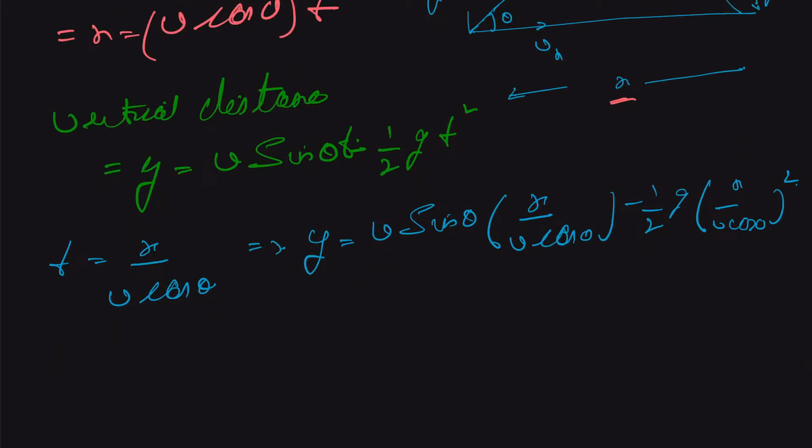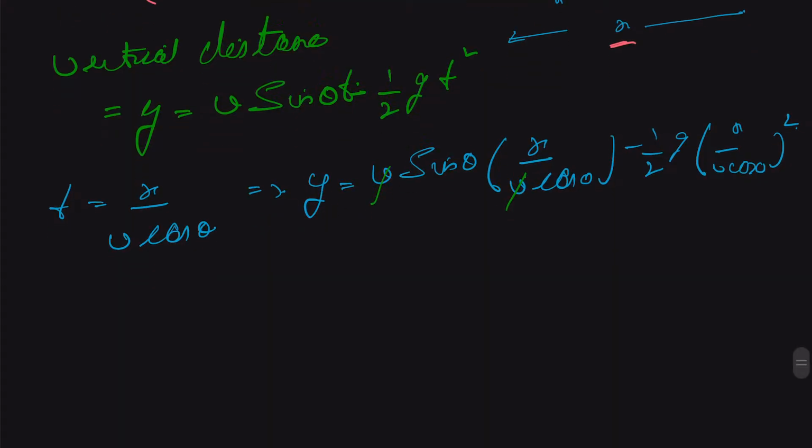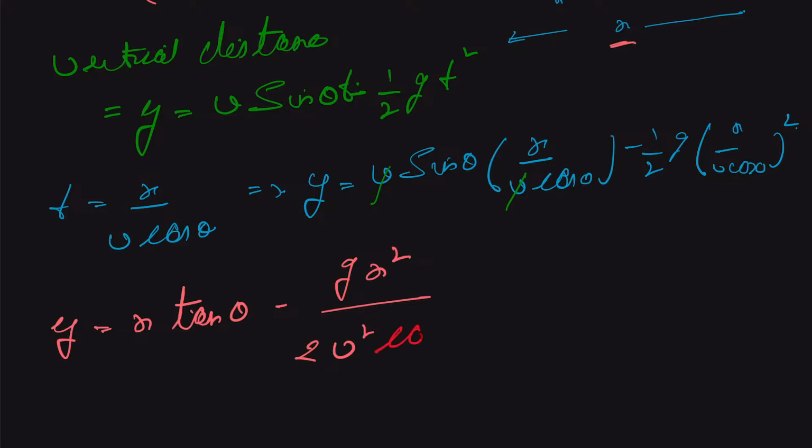And we can simplify it. This v and v cancels out. Therefore we get that our y is equal to x tangent of theta minus g x square upon 2 v square cos square theta.